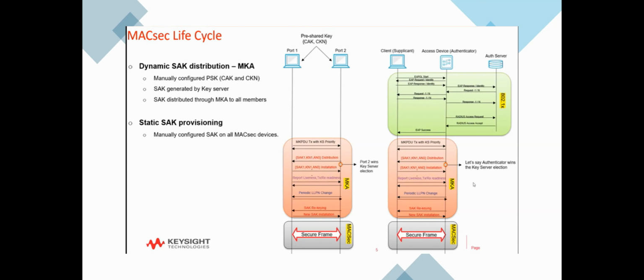The first two steps, the 802.1X and the MKA, which is the protocol used for choosing the key server, can be done in software. That's easy to do in software. It doesn't require too much power, but the encryption decryption usually gets done by the hardware if performance is needed.